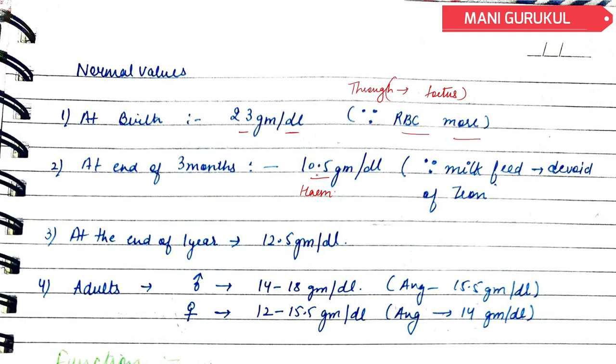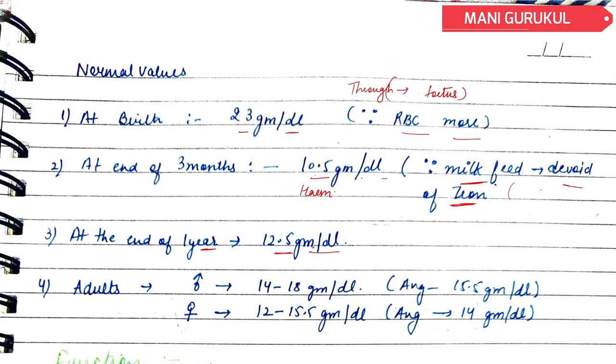Then it decreases to 12.5 gram per deciliter because milk is devoid of iron. At the end of 1 year, it is 12 to 12.5 gram per deciliter.